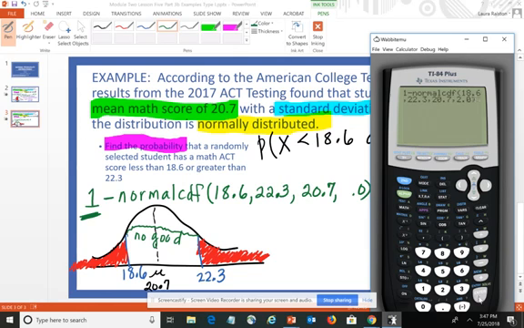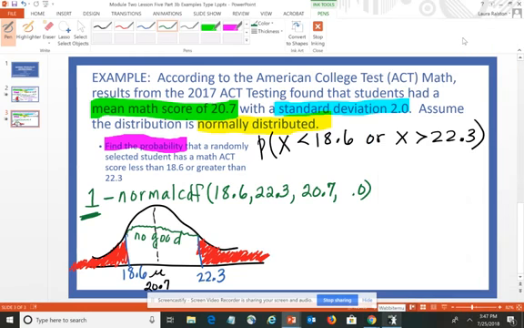Basically what we wrote by hand is now in my calculator, and I press enter and I get 0.35871444143. Rounding to 4 places, my answer is 0.3587. So there's approximately a 36% chance that a student would score less than 18.6 or greater than 22.3.